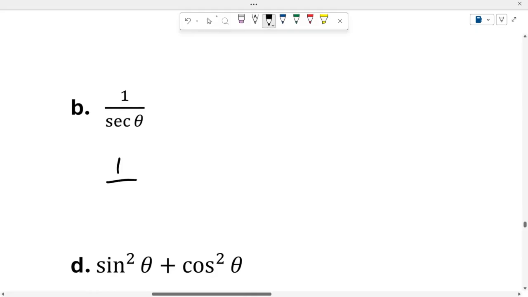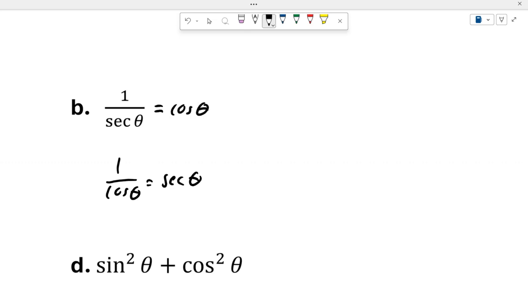So just like before, if you had 1 over cosine, that is secant, but instead we have 1 over secant. Now I don't think there's much ambiguity here. In just about every context, you would want to simplify this into cosine of theta. And that's our answer.